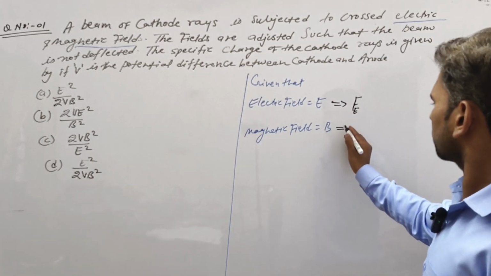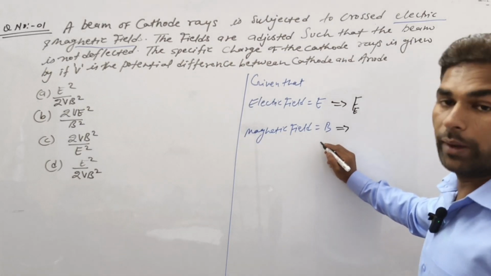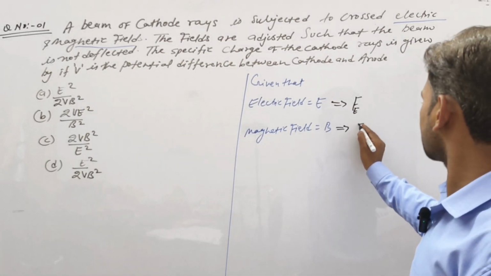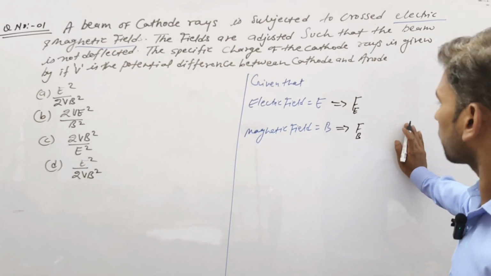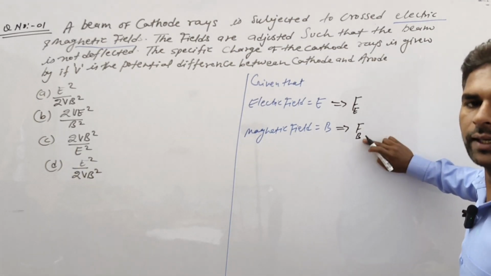Similarly, if there is a magnetic field, then due to the magnetic field there will be a magnetic force, which you can mention as FB. Force due to electric field, force due to magnetic field.